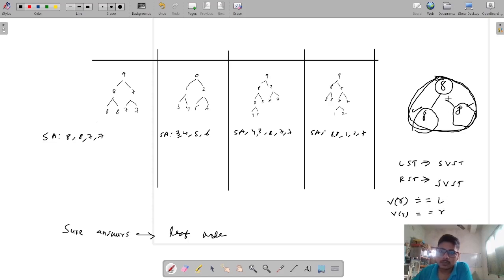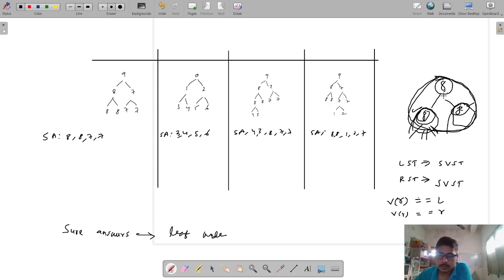It must be equal to all these values, because then this tree has all its values the same as this, and this subtree has all its values the same as this. This value is equal to this value, and this value is equal to this value. So all three values are equal.